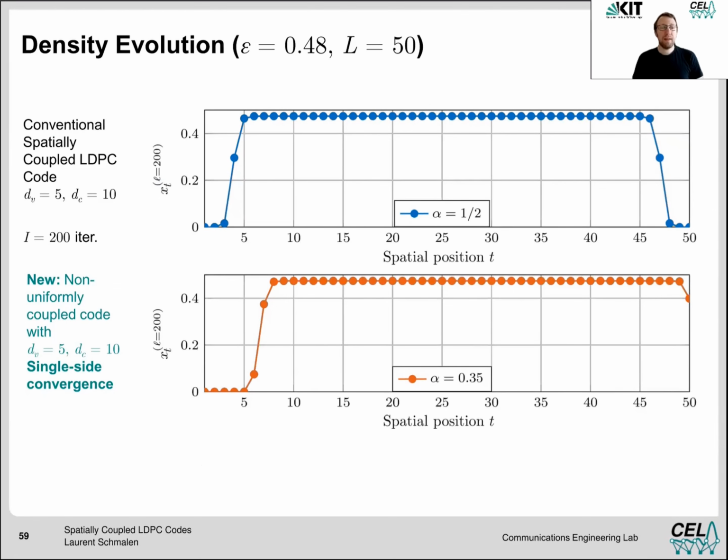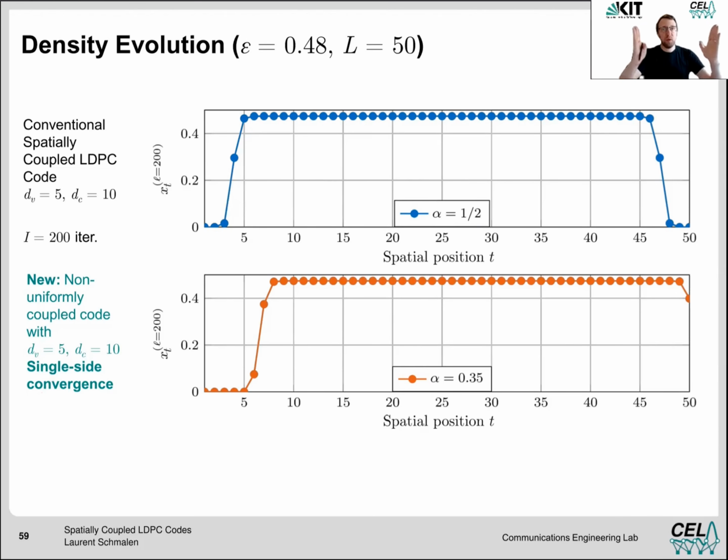So let's take a look at an example and how this could improve the performance. Here's the density evolution for epsilon equals 0.48 of the conventional code with uniform coupling and the new code with non-uniform coupling. What we saw is that this conventional code has this two-sided convergence.